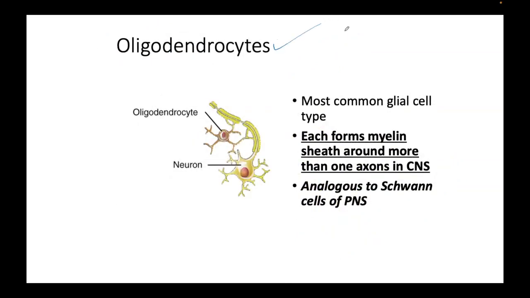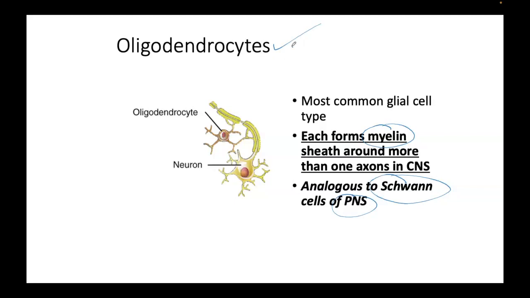Now, the oligodendrocyte is one of the most common glial cells. It's very, very similar to the Schwann cell. Remember, the Schwann cell was in the PNS, but the oligodendrocyte is in the CNS. What they do is they both produce myelin. And this is like real estate: location, location, location.